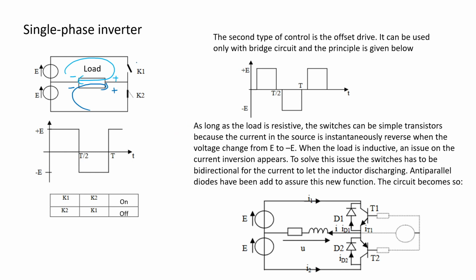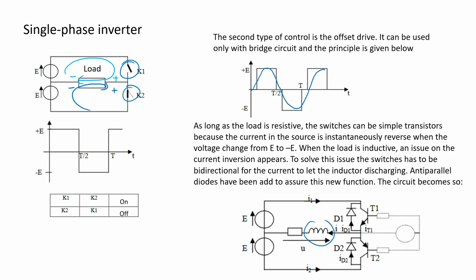And to implement the switches K1 and K2, we can use transistor and diode like this. We need a filter in order to make the waveform not square like this, because for AC we prefer the waveform to be sine wave, right? We prefer AC to be sine wave like this.